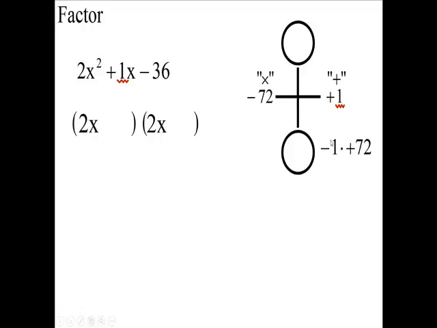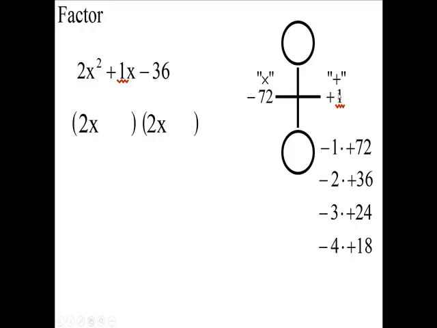Now the sum of these numbers is 71, so I can't use those. 2 times 36 is 72, but 36 minus 2 is not 1. 3 times 24 is 72, but 24 minus 3 is 21. Certainly not 1. 4 times 18 is 72. 18 minus 4 is 14.